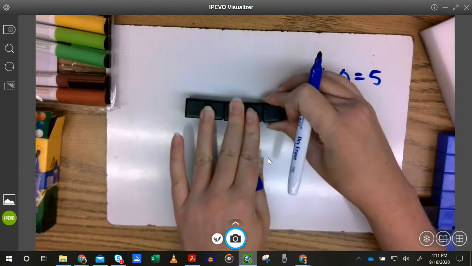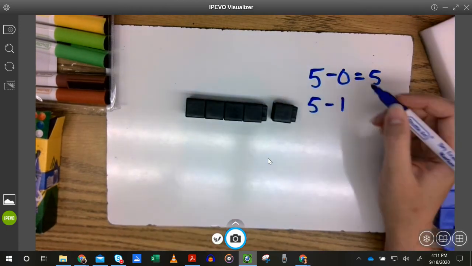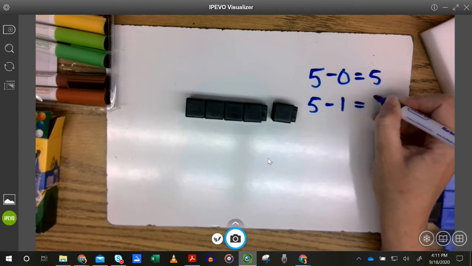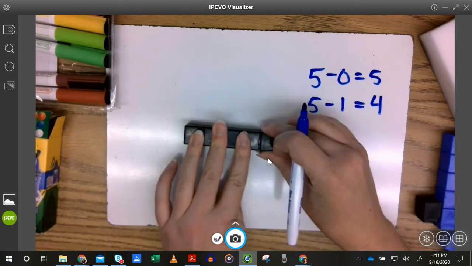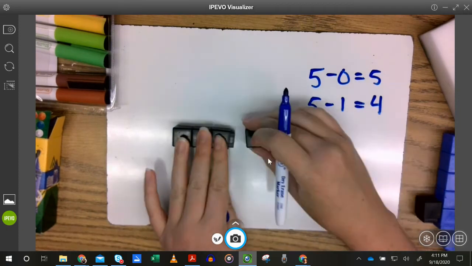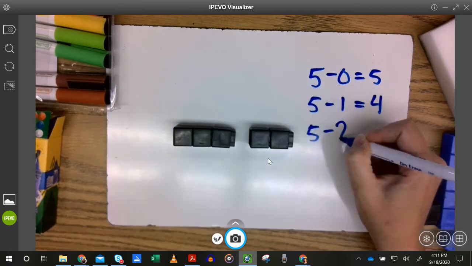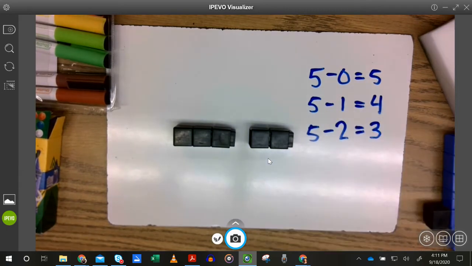If I take away 1, it leaves me with 4. I have 5. If I take away 2, it leaves me with 3.